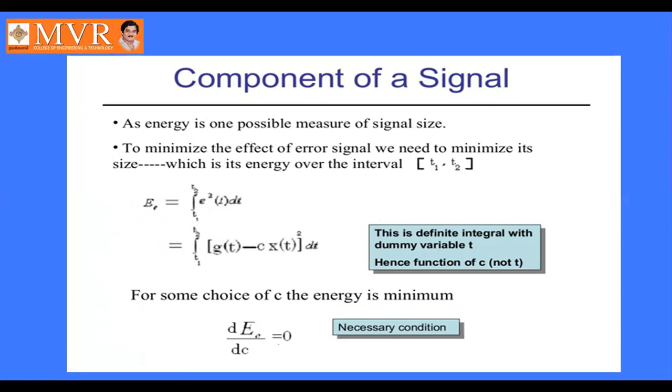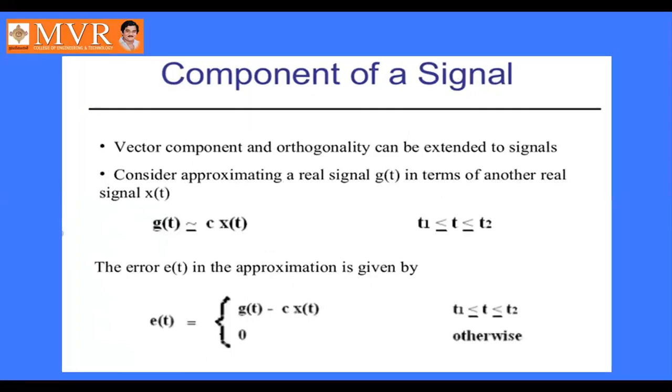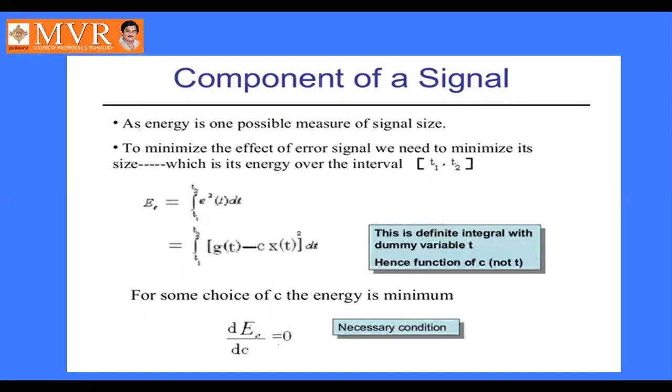So the error energy E is equal to the integral from t1 to t2 of e square of t dt, where e of t is g of t minus c into x of t. To minimize the error, we integrate the square of the error signal over the interval t1 to t2.